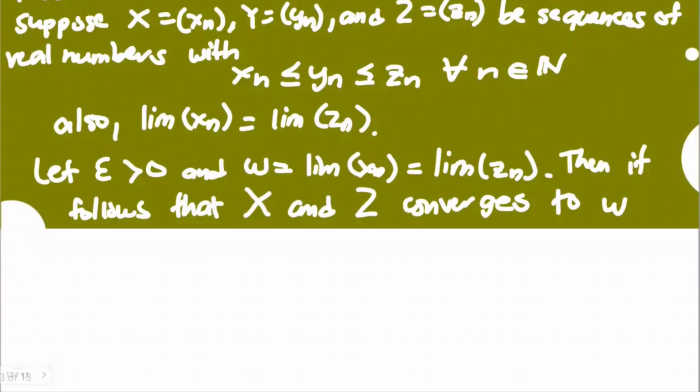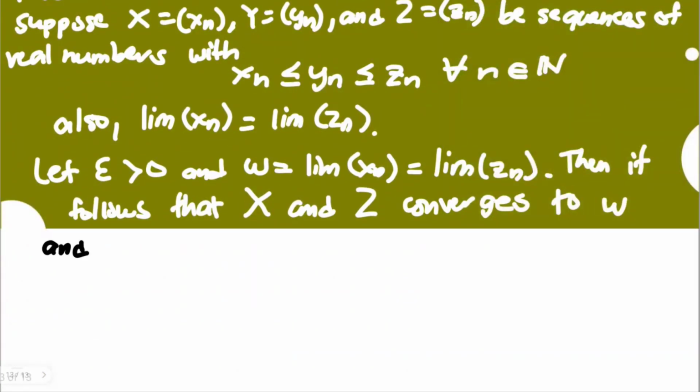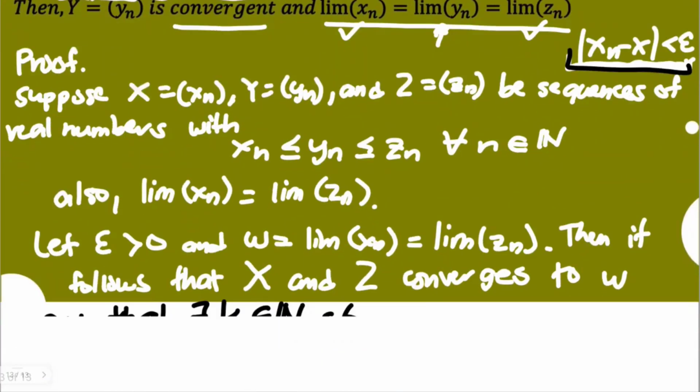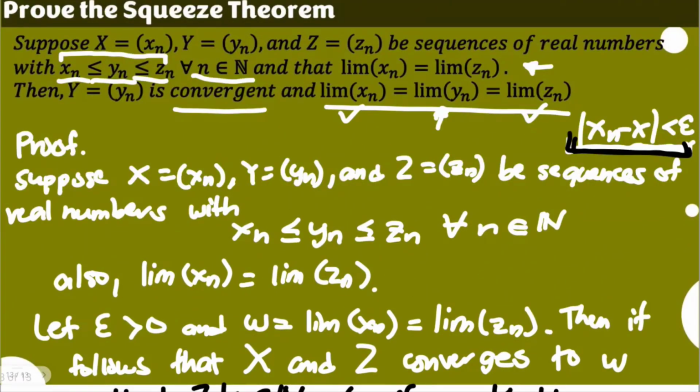In that, let me change the color of my pen to black, and that there exists, because this is per definition, k, which is a natural number, okay, such that, and here comes the part of the definition, so that we can invoke this, such that if n is greater than or equal to k, then per definition now, we can structure it in this form.